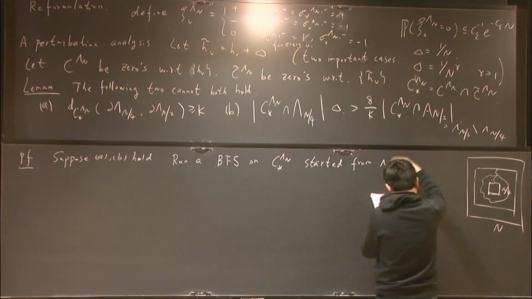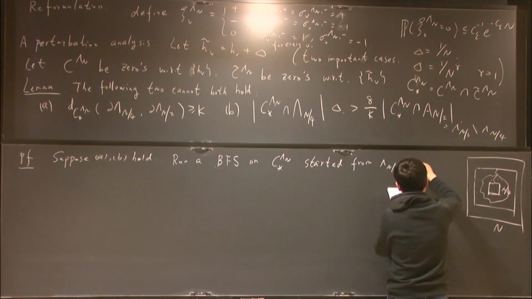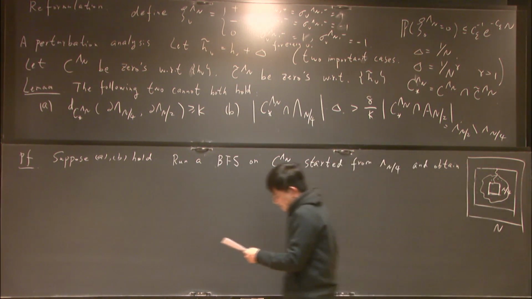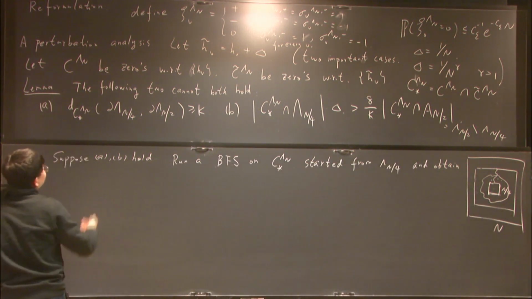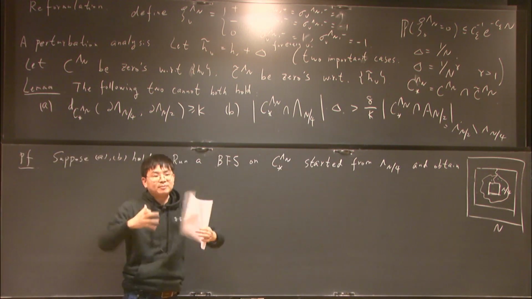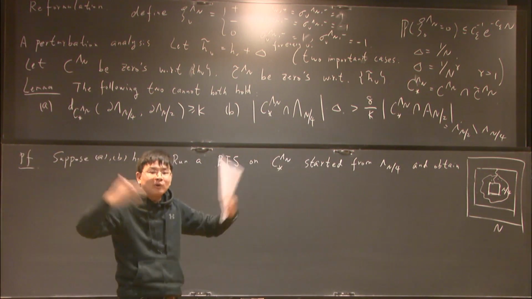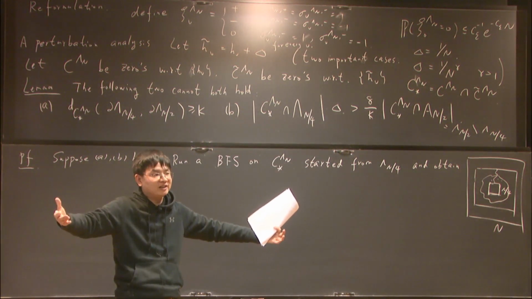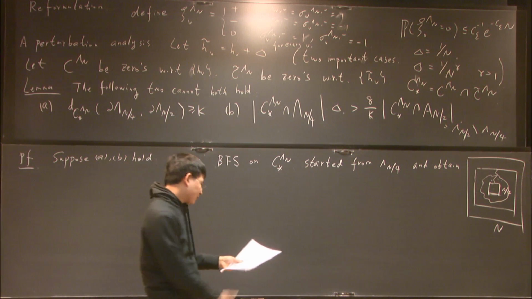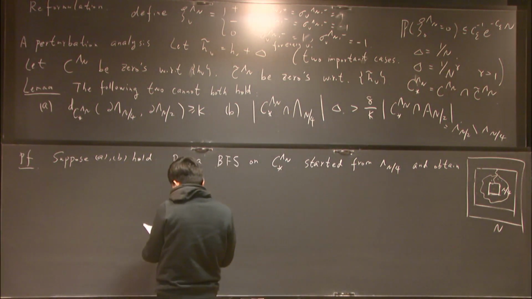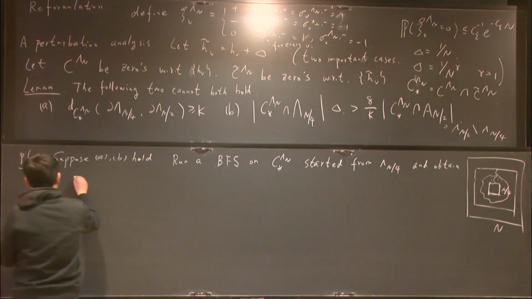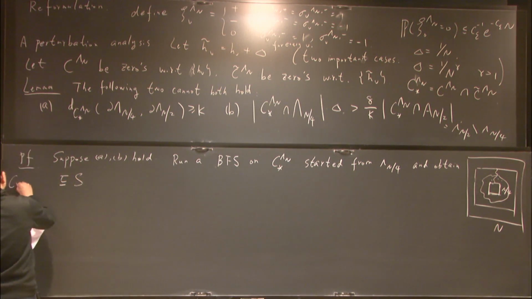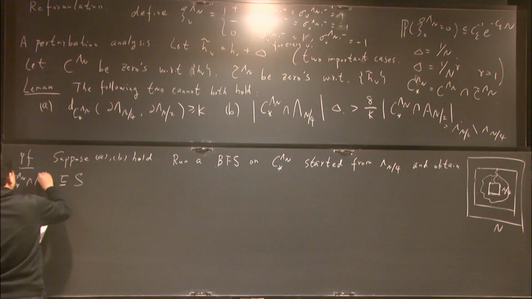This is all the zeros, and then we can obtain, because I know that the distance is large, that means I have many layers, right? So at some point, one of the layers has size smaller than the average size of the layers. So I can find a set S that contains all the C stars in the smaller box.